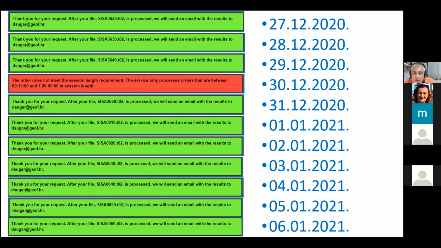So indeed, there were just few epochs, not enough for being processed. So all those green are notification of acceptance of the data uploaded or files uploaded.